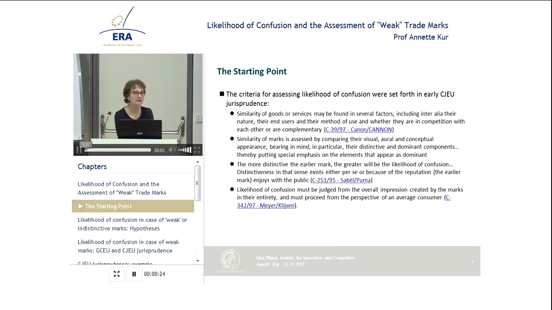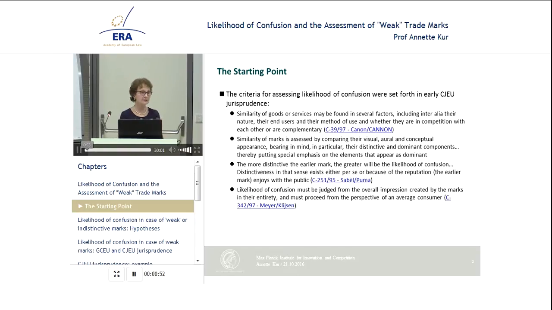Starting with the criteria for assessing likelihood of confusion that you all know, these are the formula that the court has set forth in its early case law. We have the similarity of goods or services, as this has been set forth in the Canon decision. Then, of course, similarity of marks, which is assessed by comparing the visual, oral, and conceptual elements.